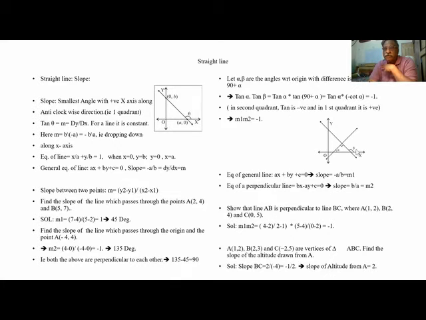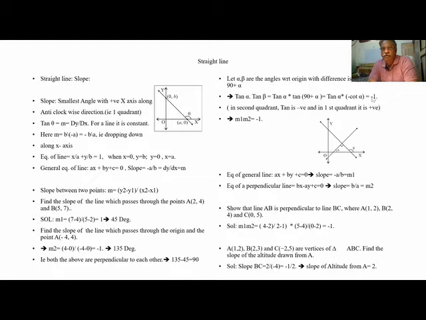If this angle is 90 minus alpha, then since the total is 180, beta becomes 90 plus alpha. 90 plus alpha is in the second quadrant, where tan is negative, so tan of 90 plus alpha is minus cot alpha.